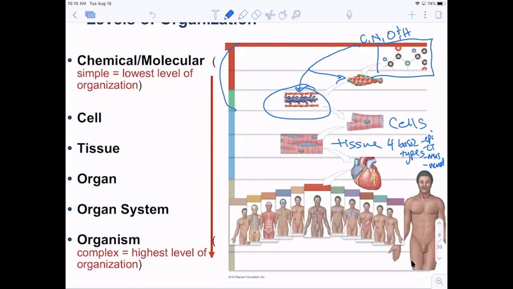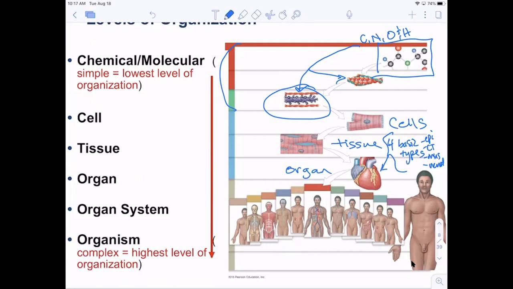Now, if you have these 4 basic tissue types all working together in a system, we call that an organ. So organs are these tissue types all combining to perform a function. And when organs are working to perform a job, we call it an organ system. Oops, I can't spell. Let's erase that because it's really ugly.